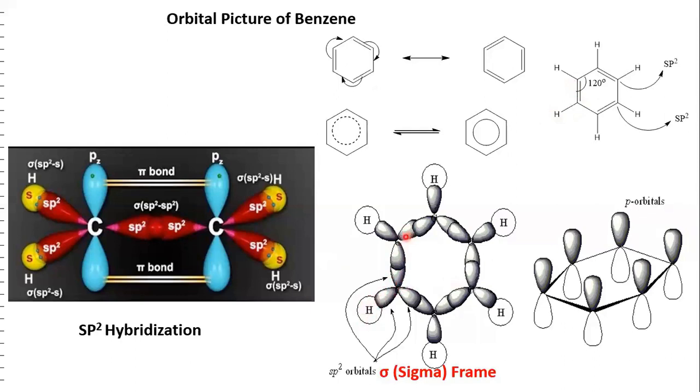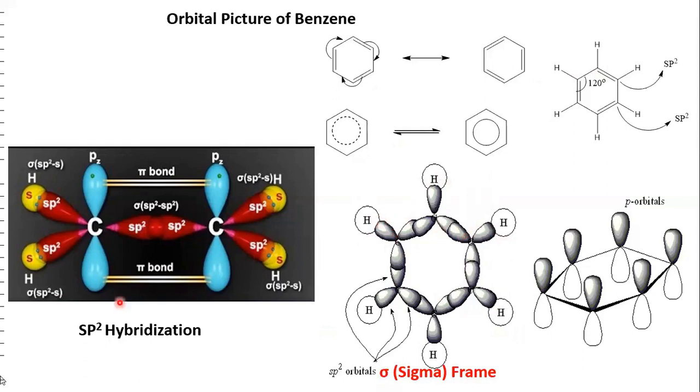Next, this carbon atom is bonded to the next carbon atom again with an sp2 bond. Like this, every carbon atom is bonded to the next carbon atom with sp2 overlap. So all these are sigma bonds, hence it is called the sigma frame structure.